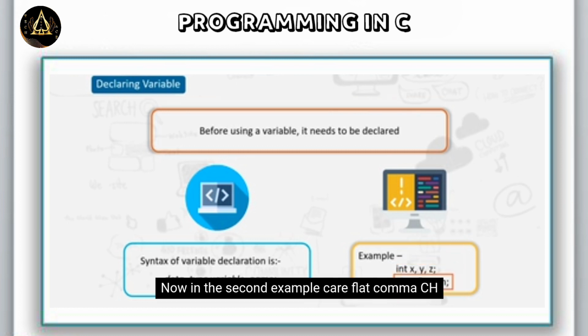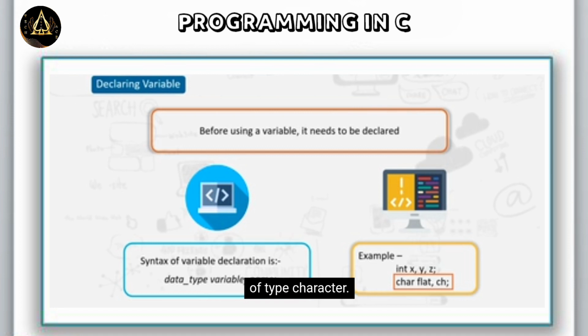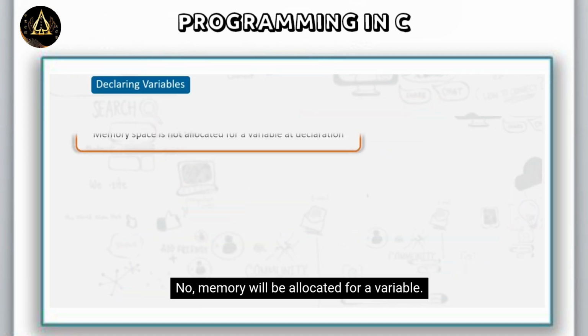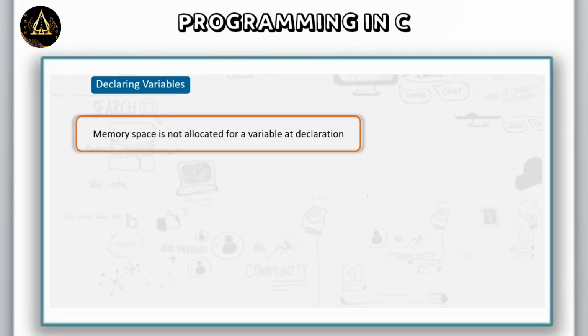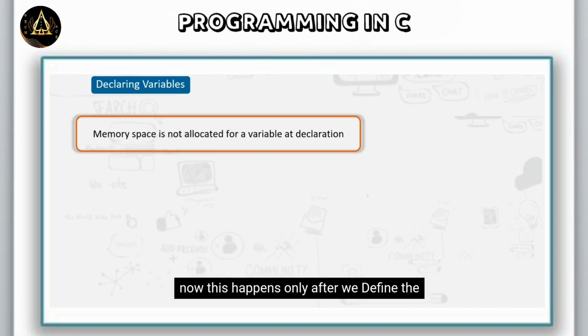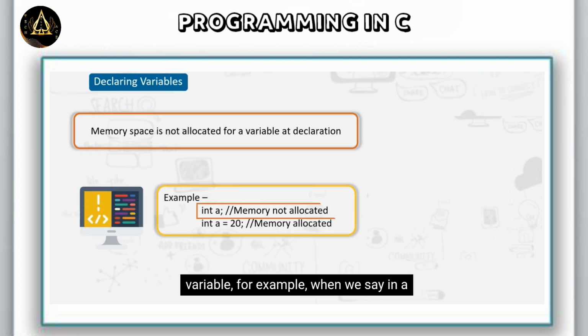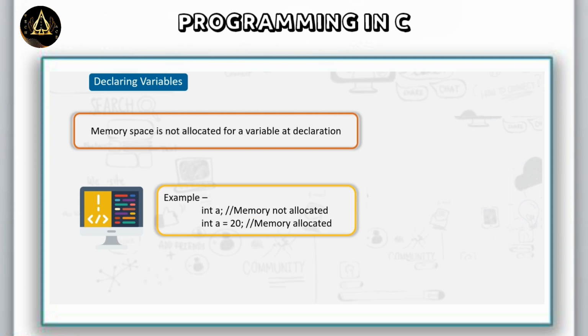In the second example, char flag comma ch, flag and ch are variables of type character. While declaring the variables, no memory is allocated for a variable. This happens only after we define the variable. For example, when we say int a, memory will not be allocated to the variable a. But when you say int a is equal to 20, then the memory will be allocated to the variable a.